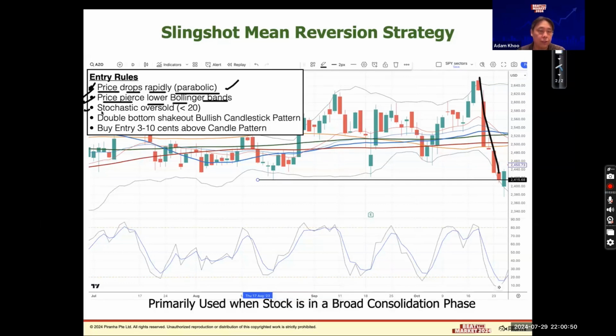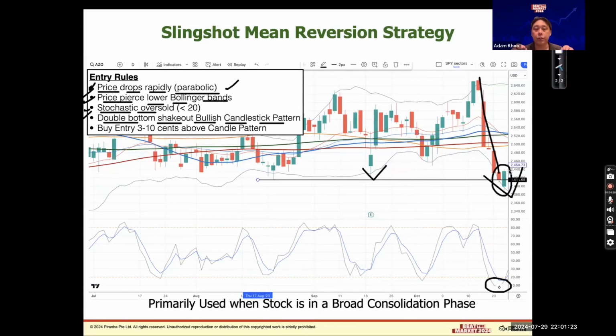Third rule is the stochastics must be oversold. This is my stochastics. It must be oversold, below 20. Next, I want to see a double bottom shakeout pattern. So this is called a double bottom. And I must see a bullish candlestick pattern appear before I can enter.